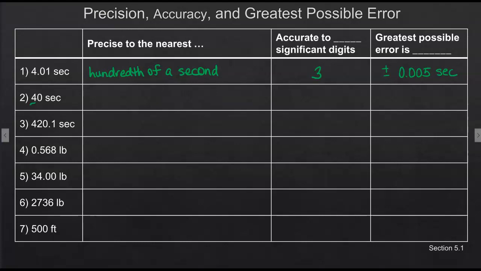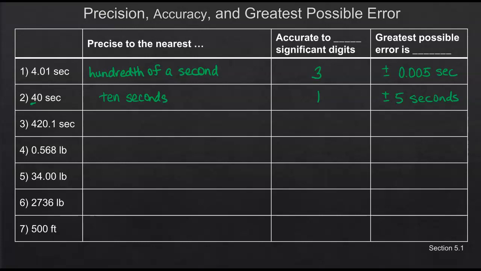Now, this is the digit that is significant on this number. It's in the tens place, so this is precise to the nearest 10 seconds. And it has one significant digit. Half of 10 is 5, so it's plus or minus 5 seconds. I have room for that, I'll just write it out.